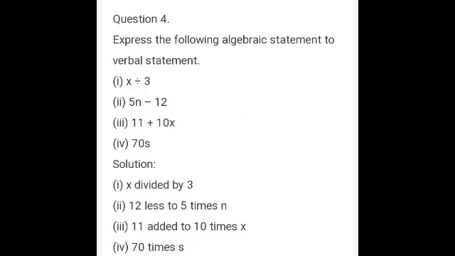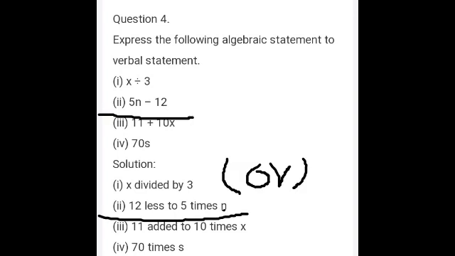Okay my dear students. Now let me move to question number 4. Express the following algebraic statement as a verbal statement. Second subdivision, 5n minus 12. For the minus symbol we can use reduced, decreased, subtracted, less, any term. Now I am using the term reduced.